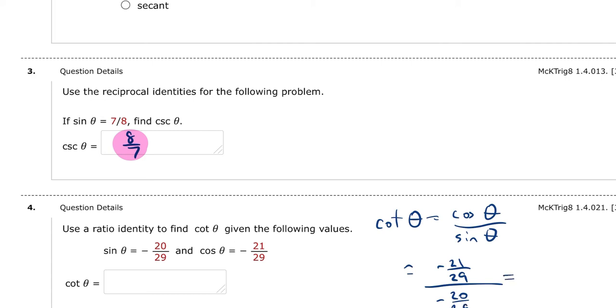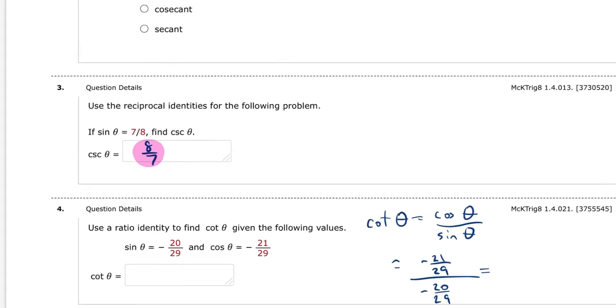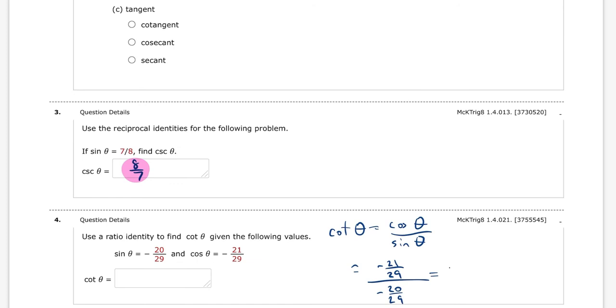Now when you multiply by the reciprocal, you get -21 over 29 times the reciprocal of the denominator, -29 over 20. And we get this nice cancellation. A negative times a negative is a positive, and you end up with 21 over 20.